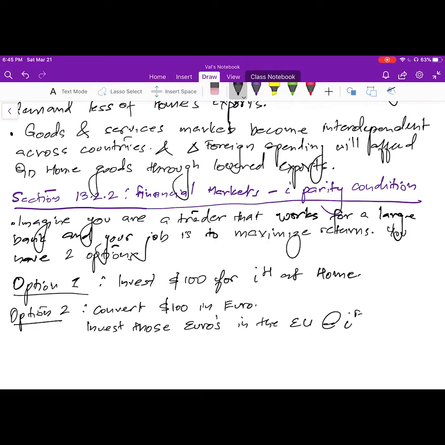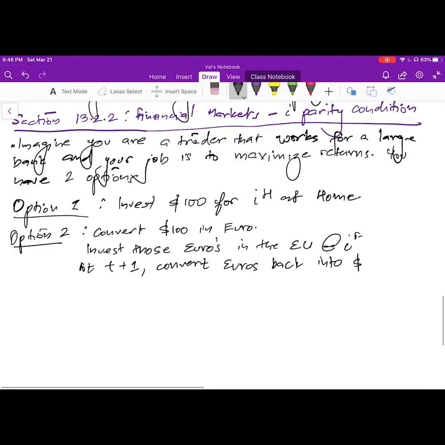And then at t plus one, which is in the future, convert euros back into dollars and see what you have. So that would be your return, right? If you have more than $100, you made some money. If you have less than $100, you lost some money. And this applies to both options.